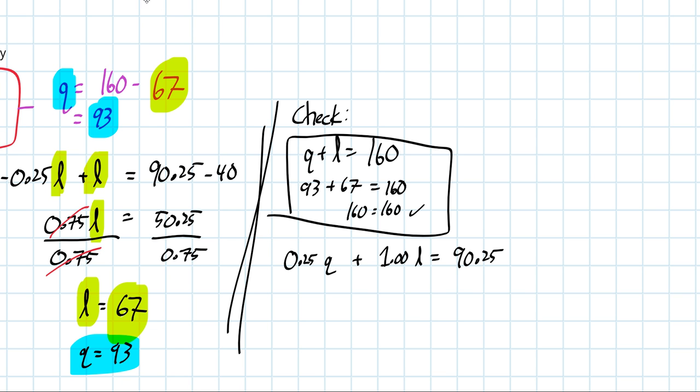I think here my number of quarters and my number of loonies are known. So 0.25 times number of quarters, well, I think that there are 93 of those. And I'm going to write 1.00 even though it's kind of useless, times the number of loonies, I think there are 67 loonies.